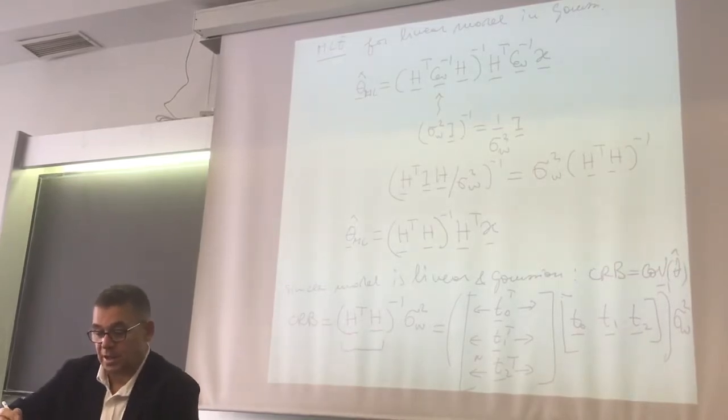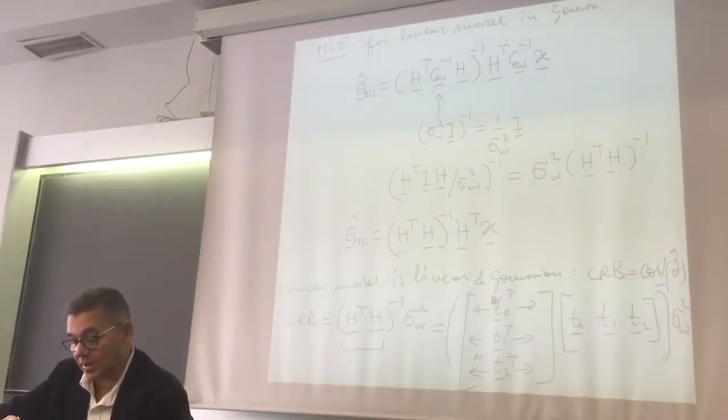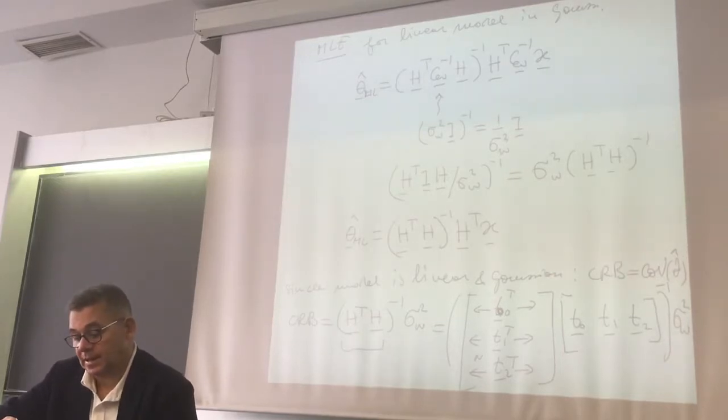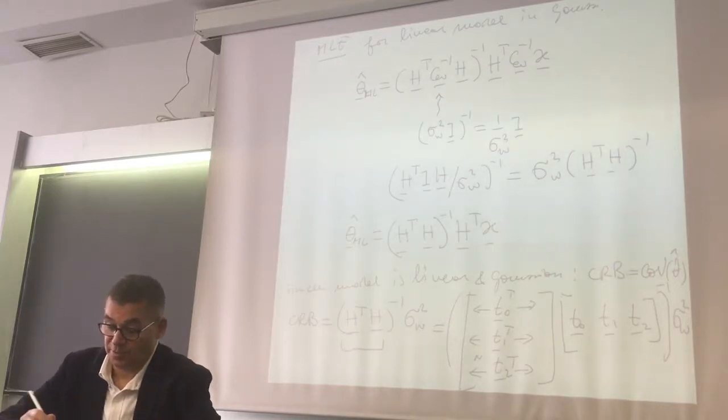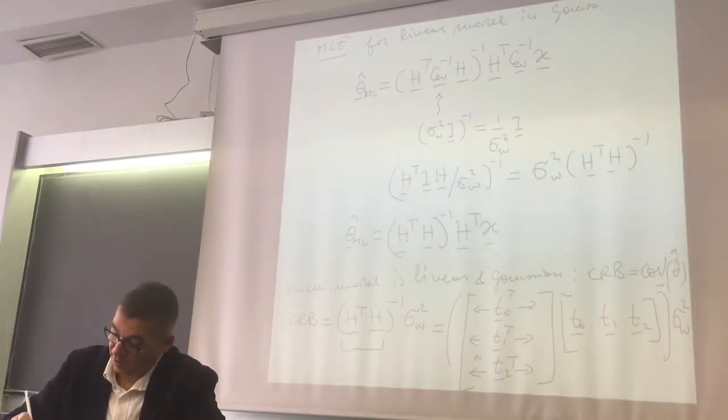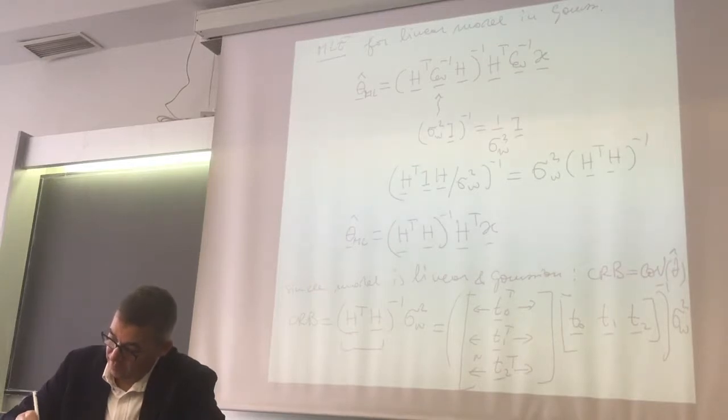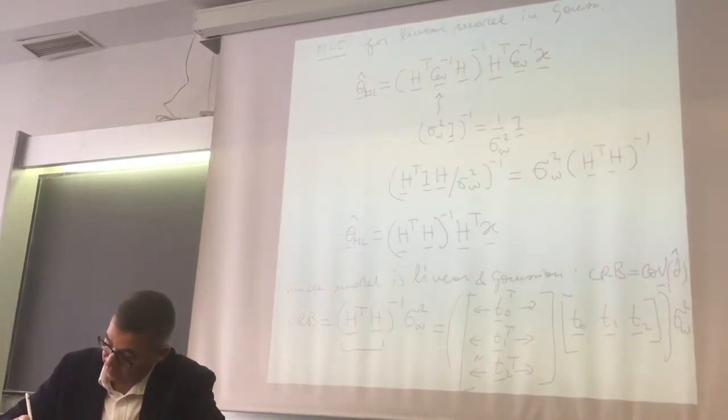So let's calculate it in a block partition way. I have T0 transpose T0, then T0 transpose T1, T0 transpose T2. Now I move to the next page to calculate that, and copy it to another page.